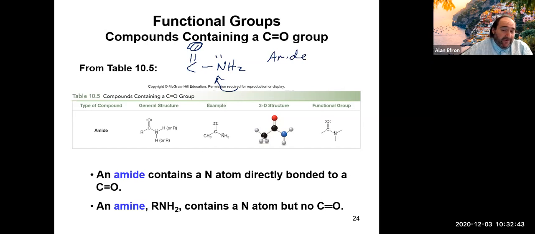And as I mentioned before, one way that you make an amide is take a carboxylic acid and put it together with some type of ammonia type thing, or even an amine, which, if you remember, was this type of group. And again, if you put it together and take out water, you're left with this.